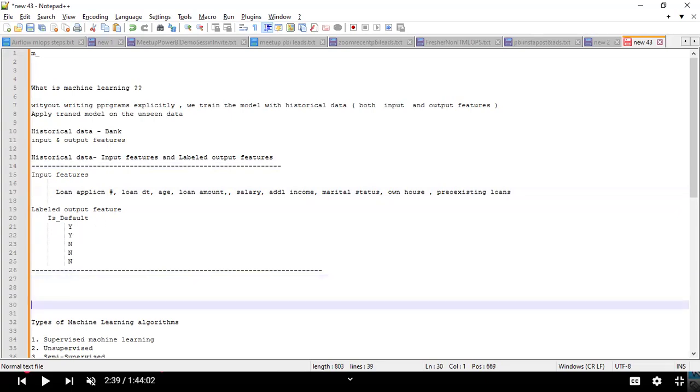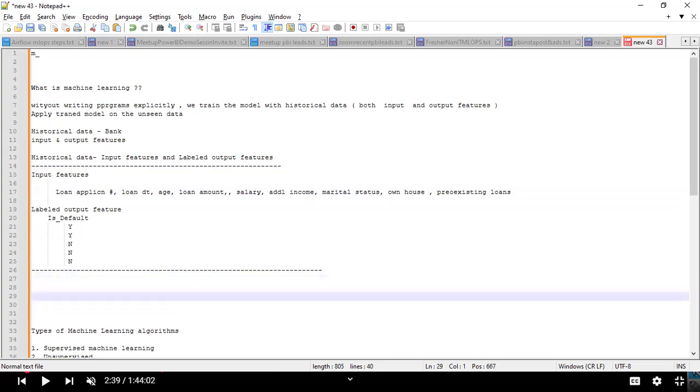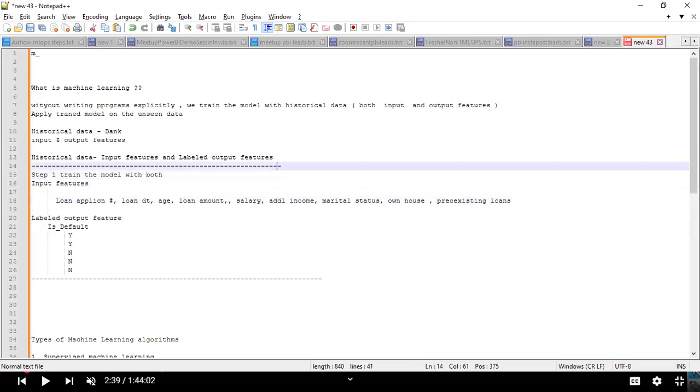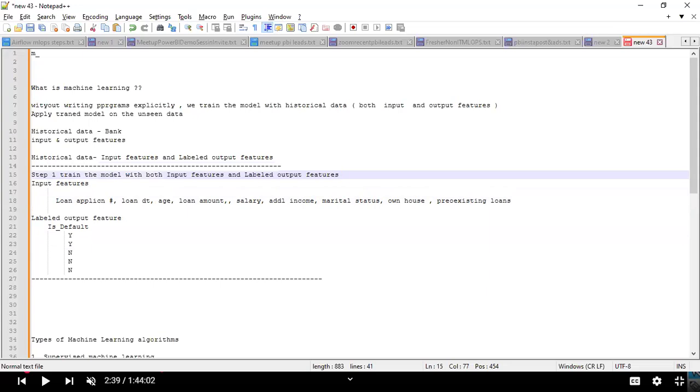So this is step one, the historical data. Then once you train the model, apply this trained model on the unseen data.